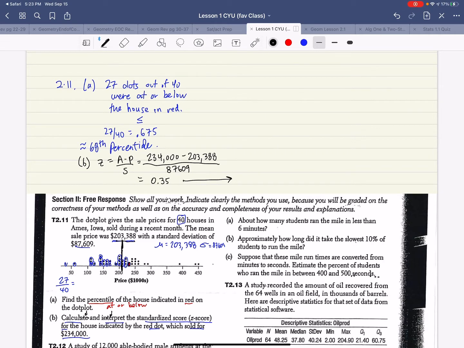So it means, in the context of the problem, that the sale price for this home, the red one circled, is 0.35 standard deviations. So not even a full standard deviation above the mean.